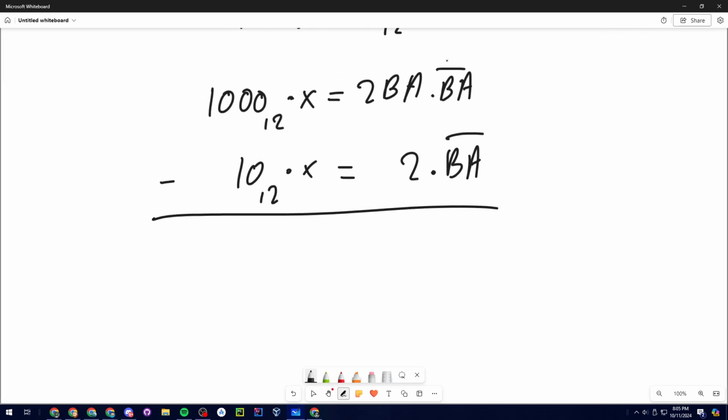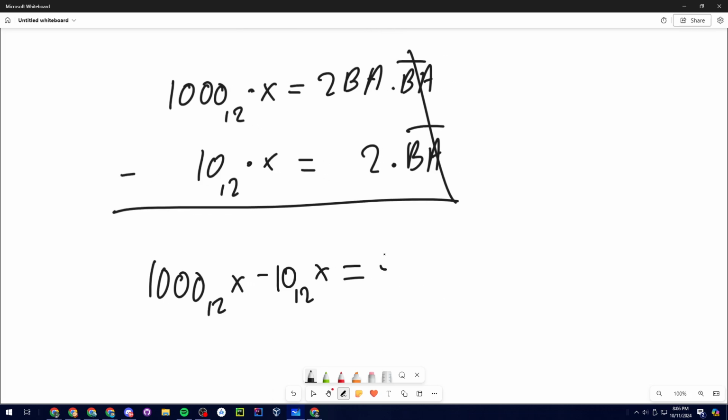Subtracting these, this cancels out. Very, very nice. I'm going to write this as this, just because I'll show you why in a second. And then 2BA in base 12 minus 2 in base 12.